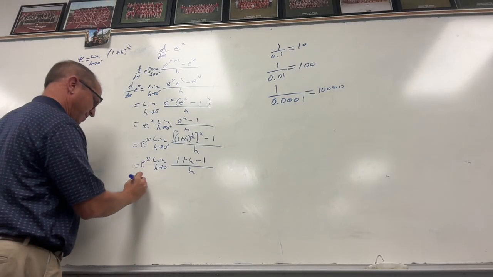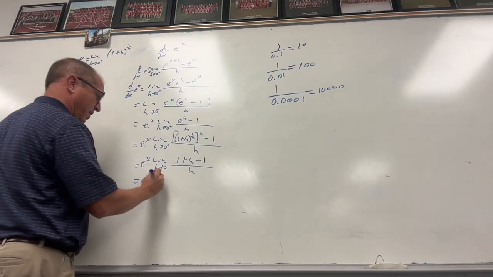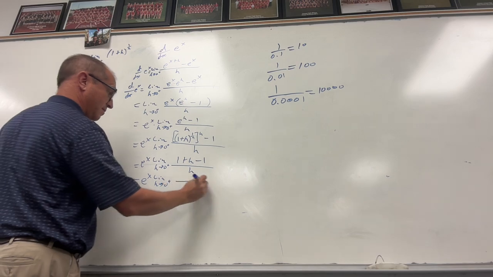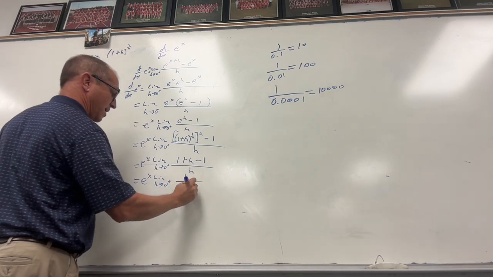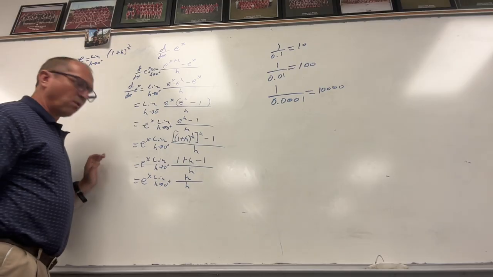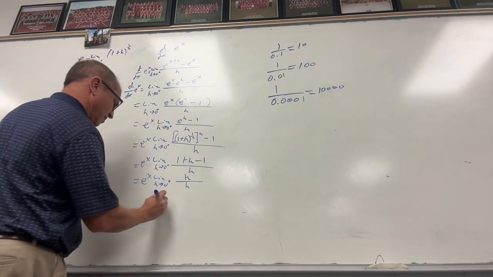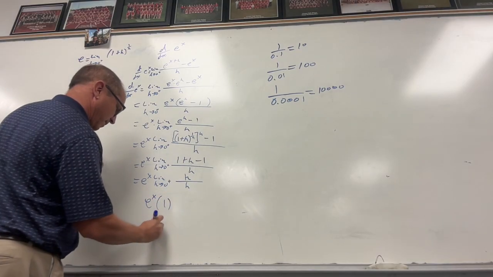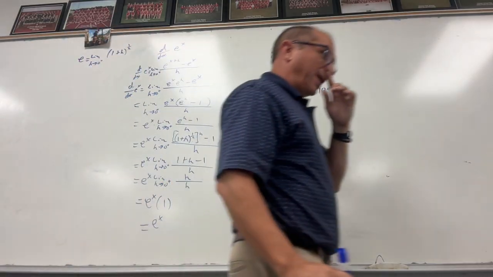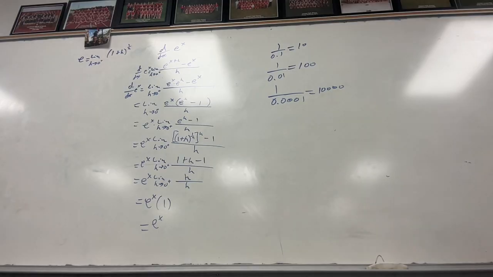So it's h over h. What is h over h? 1. So it's e to the x times 1, which is e to the x. So the derivative of e to the x is e to the x.